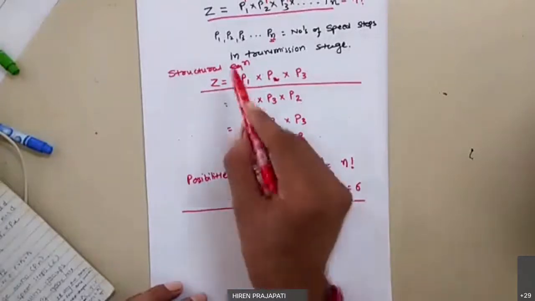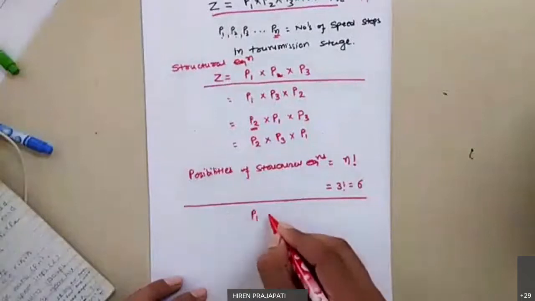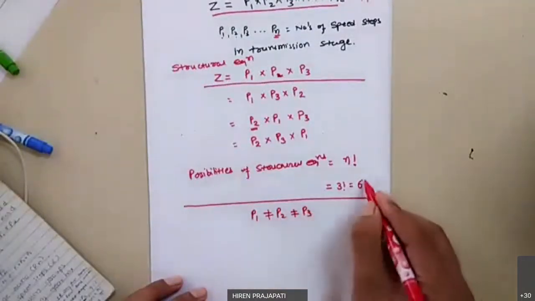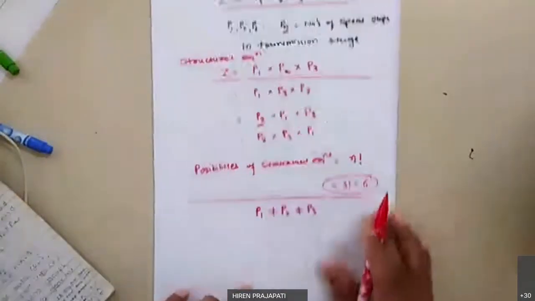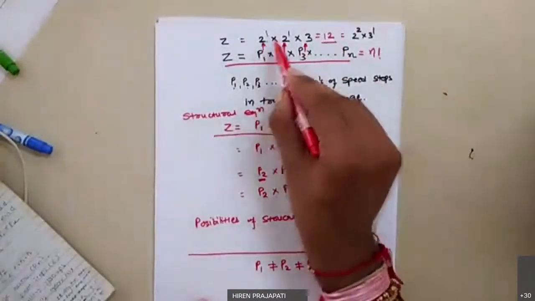But when you have P1, P2, P3 not equal, meaning P1 is not equal to P2 is not equal to P3, then you get 6 possibilities, right? But suppose you take the case of 12 number of speeds, then P1 and P2 are the same.